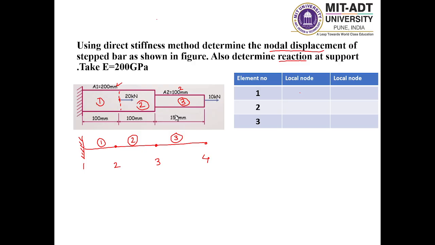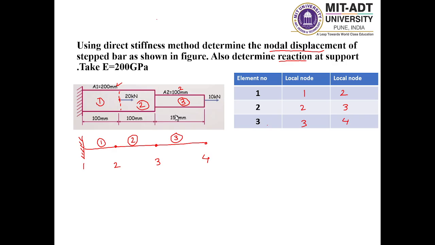Element number 1 is between node 1 and node 2, element 2 is between node 2 and node 3, and element 3 is between node 3 and node 4. These are the local nodes for the elements. This was our second step for this problem.